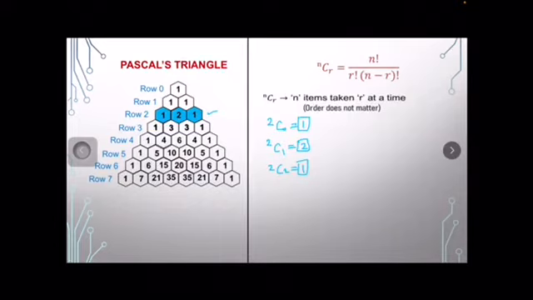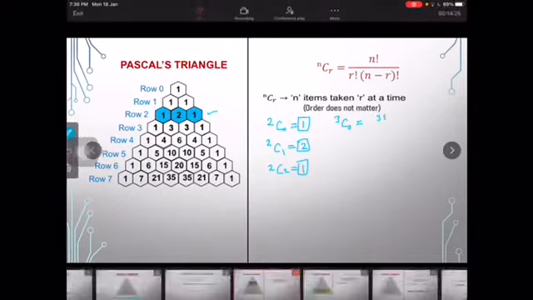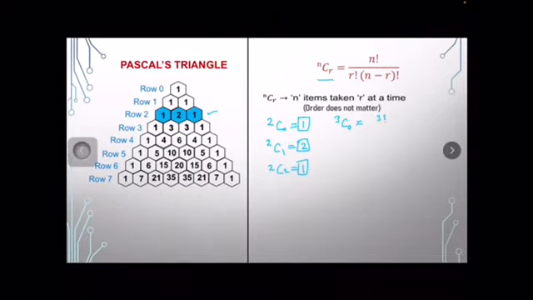Next, suppose you calculate the value of 3C0. By nCr, 3C0 is 3 factorial upon 0 factorial and 3 minus 0 factorial. You will get 1. Like that, you know the formula of nCr, so you can calculate each value. What will be the value of 3C1?